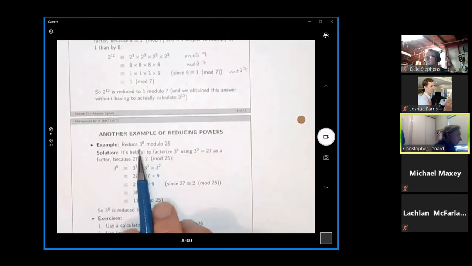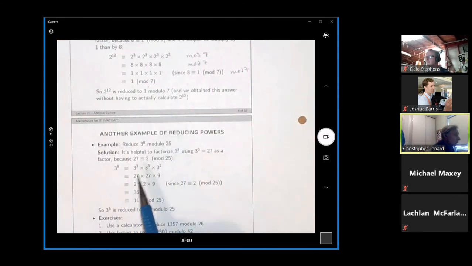Okay, what about 3 to the 8 mod 25? So here what we could do is 3 to the 8 is 3 cubed times 3 cubed times 3 squared. Okay, because 3 cubed, you know, is 27. And 27 mod 25 is just 2.